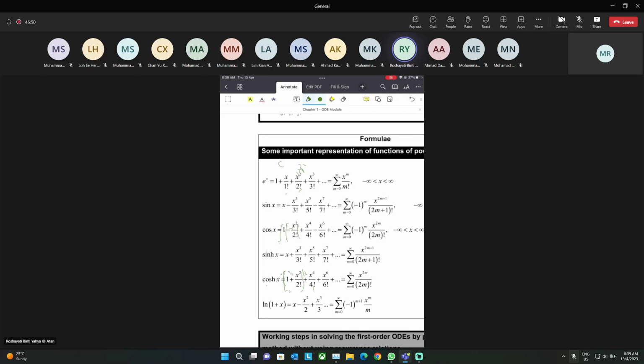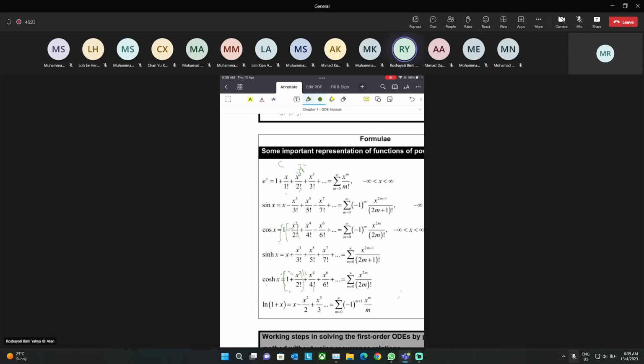It depends. Maybe the question itself will ask you to go to the power of 4 or 5, that one the question can guide you. You can look at past year exam papers so that you have an idea. Otherwise, much better if you go for at least 5.